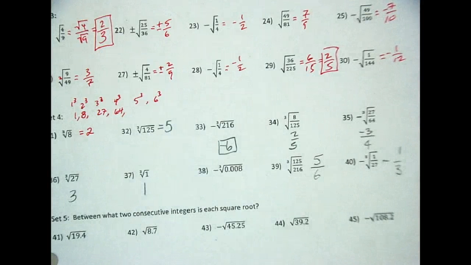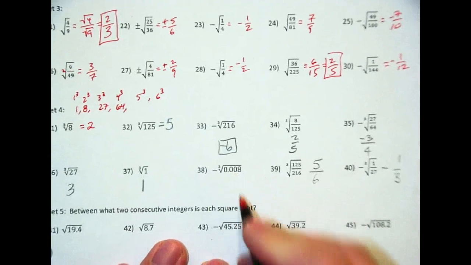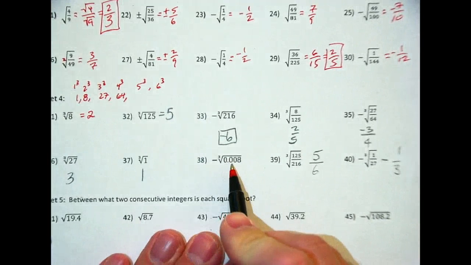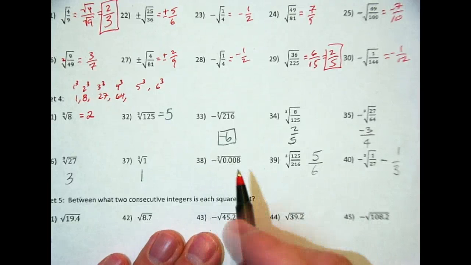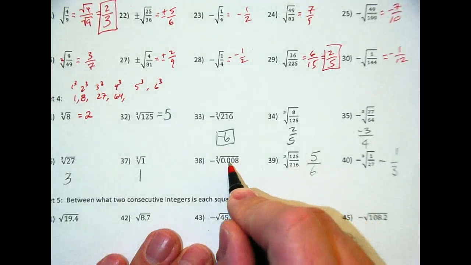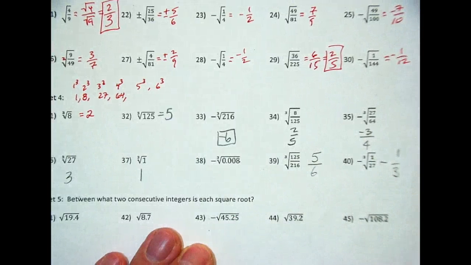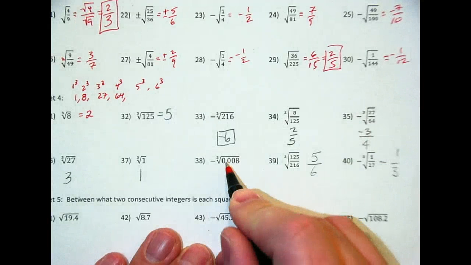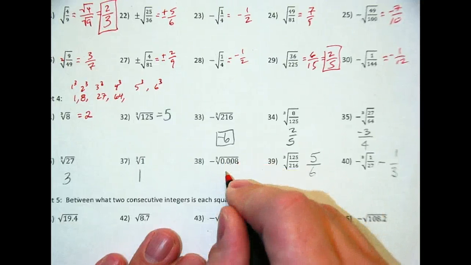Who did 38? Yeah, no one had 38. You guys, this is read as, anyone know how we read that? 8 to the power of negative 3, rather than 0.008? Good. 8 1,000ths. There are three numbers behind the decimal. If you think of the number 10 or 100 or 1,000, which one of those has three zeros? 1,000. So we call that 8 1,000ths. Which is good when we think of it like this.